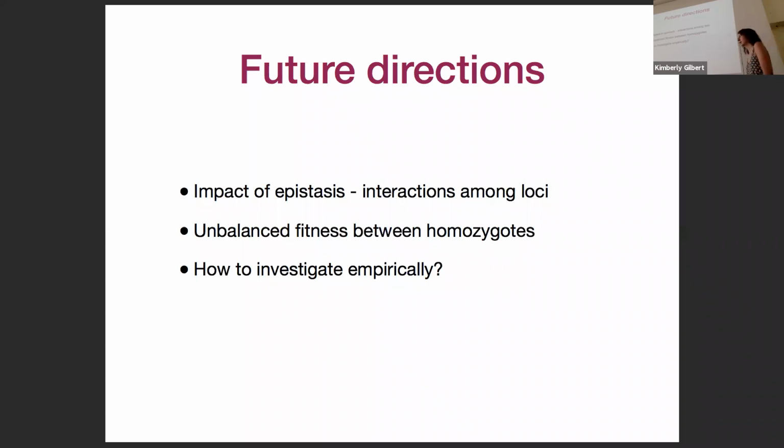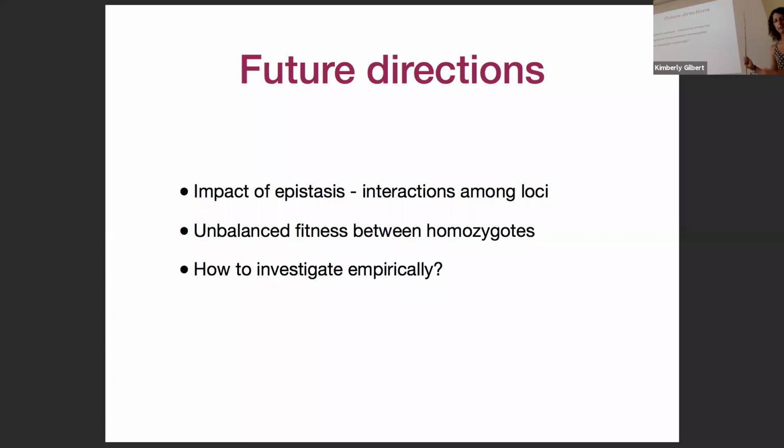But one good example that would probably be most interesting is inversions, where you have the heterozygote form being maladaptive. That could be a major way where we see underdominance, not at one locus, but at a region of the genome. So looking at this in inversions could be maybe the next best empirical investigation into how important this process might be during species range expansions.